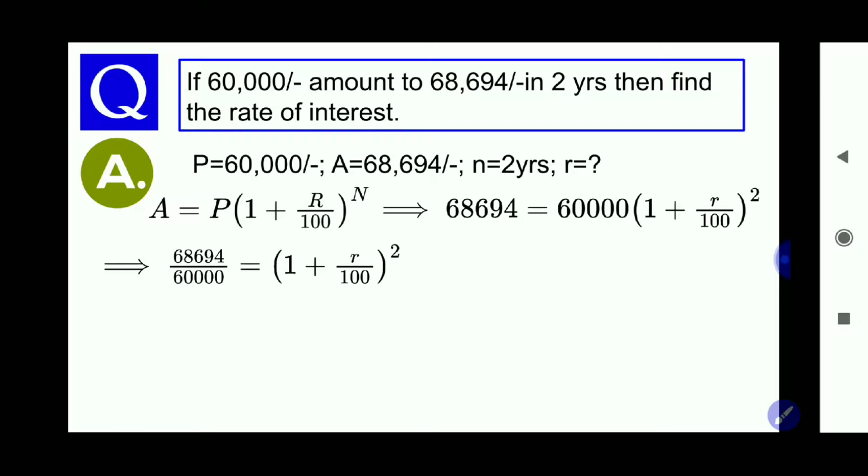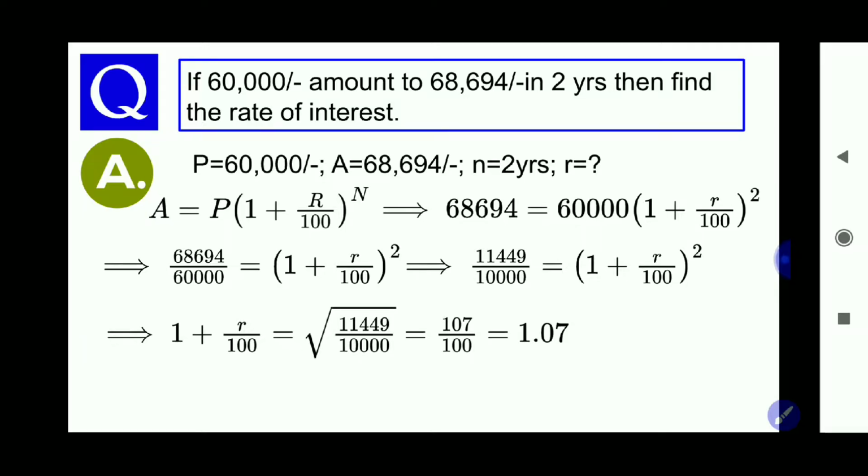Bringing 60,000 to the left side: on the right side it is multiplying, so bringing it to the left side it will divide. So the step becomes 68,694 by 60,000 is equal to (1 + R/100)^2. By simplification, it is 11,449 by 10,000 is equal to (1 + R/100)^2.